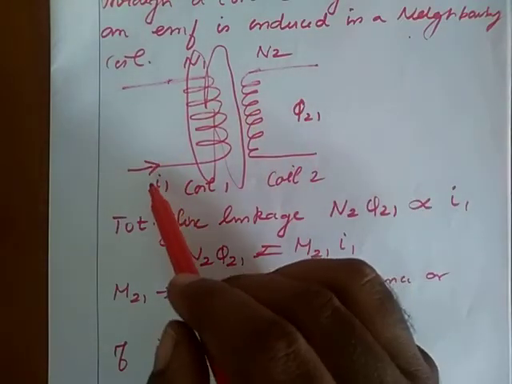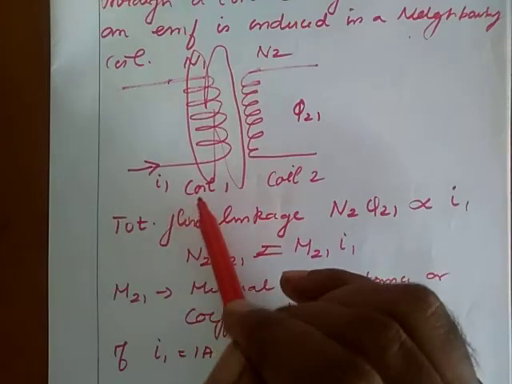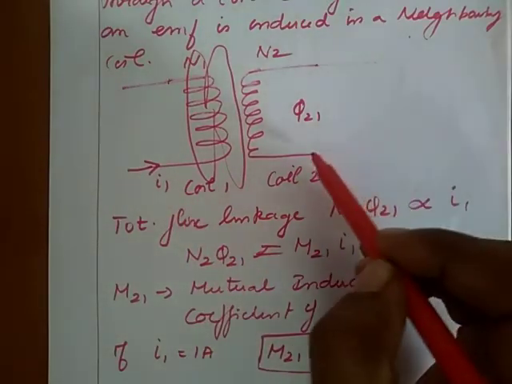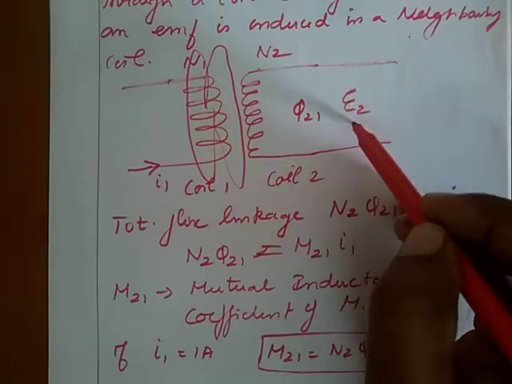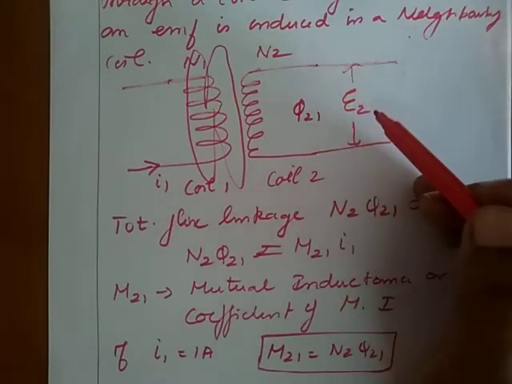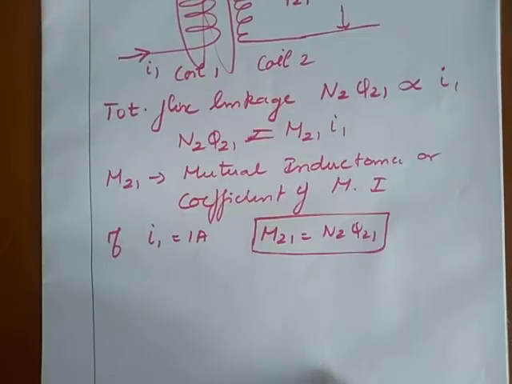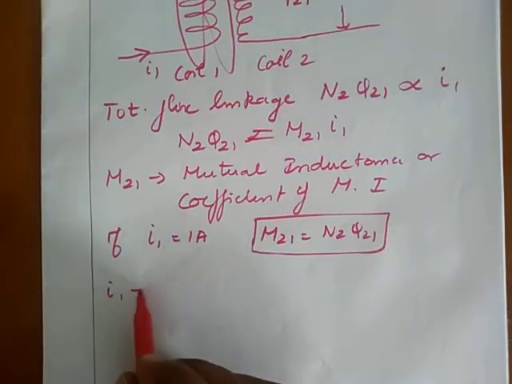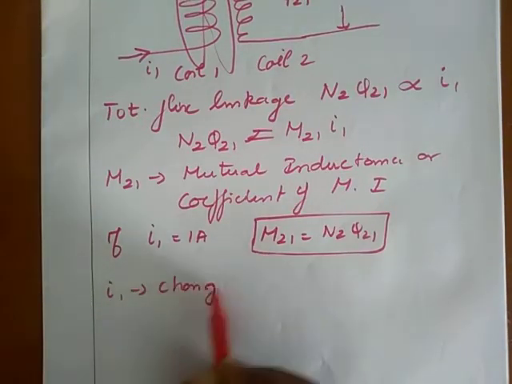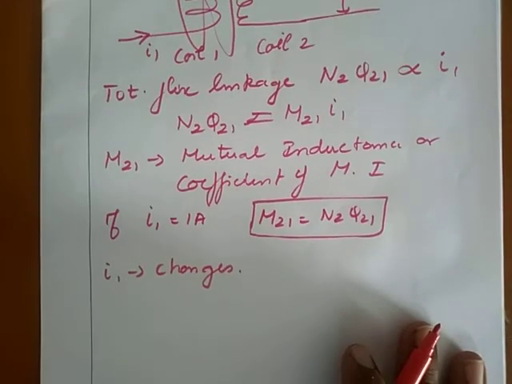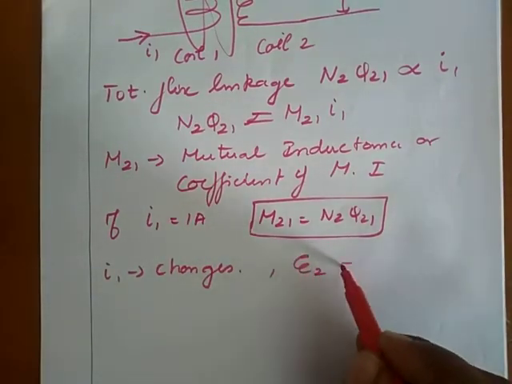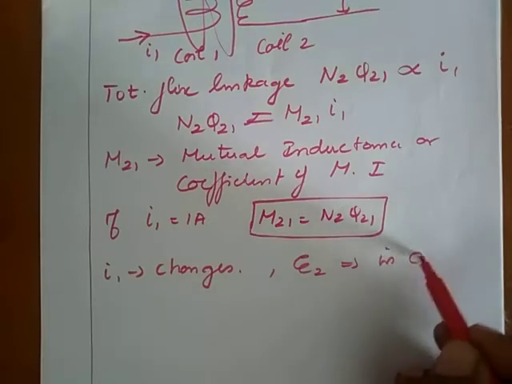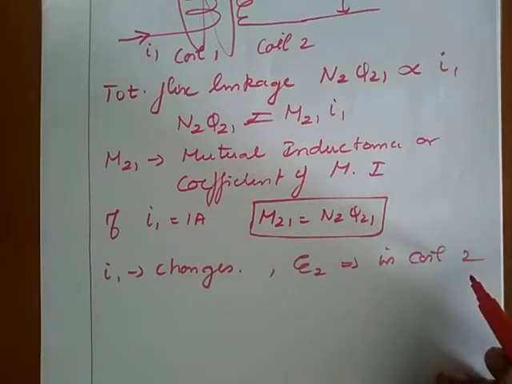So the change in current in coil 1 produces an EMF, written as psi 2, in coil 2.